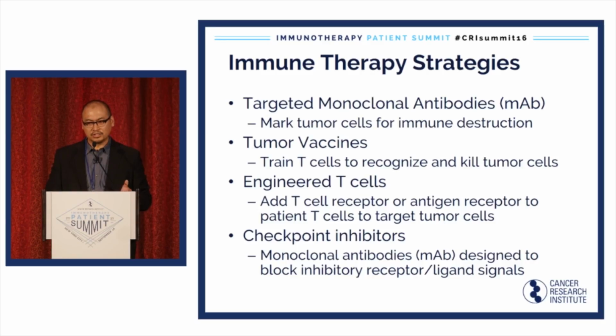These are engineering T-cells from individuals by adding an engineered receptor or a T-cell receptor, in order to specify that those T-cells will target tumor cells specifically. And then there's checkpoint inhibitors, which are monoclonal antibodies that are designed to block or modulate inhibitory receptors and signals to the immune system. So what are these things?